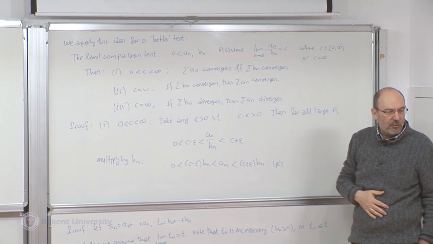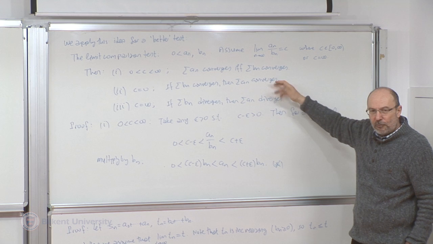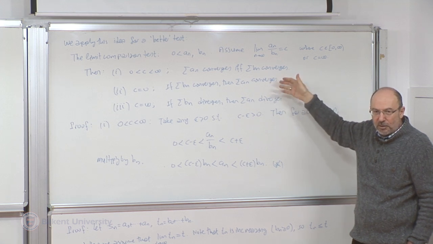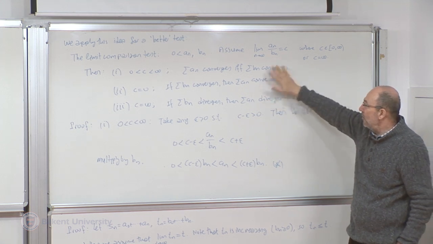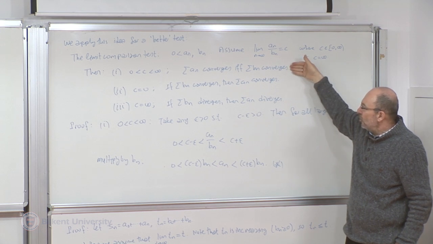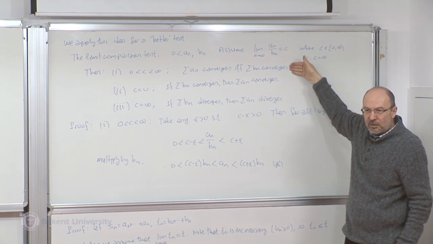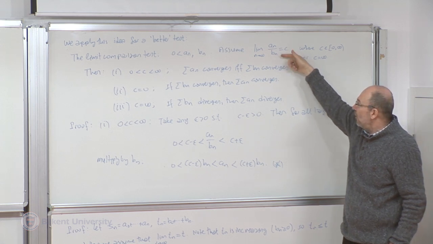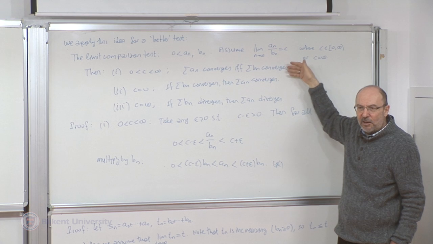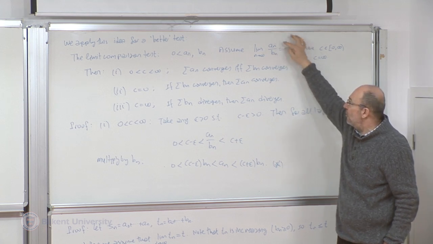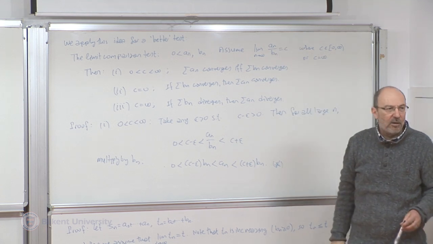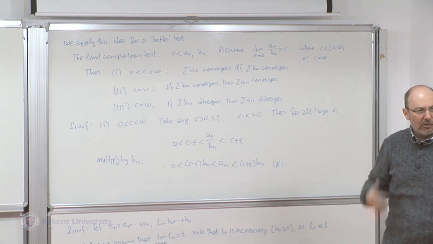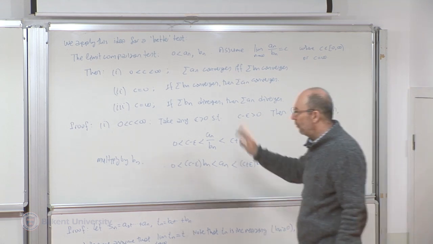Calculus students, for some reason, always get confused about which one was which. This part is easy, because this is the whole idea of the comparison test. If you get a non-zero real number as the limit, then whatever Bn does, An does the same thing. If it is 0 or infinite, you just consider whether the ratio is less than 1 or larger than 1, and from there you conclude what's happening.